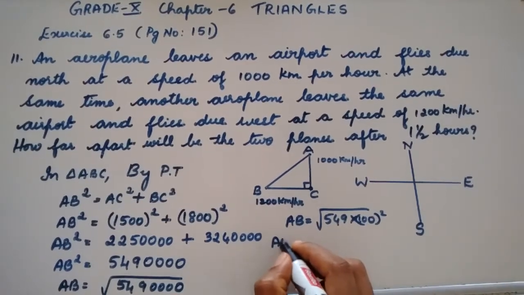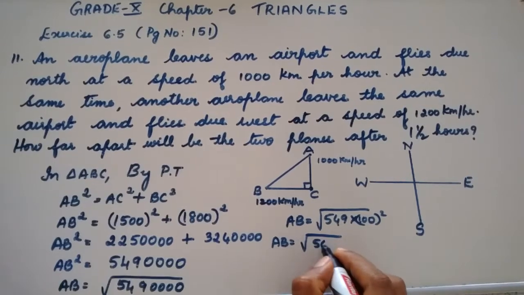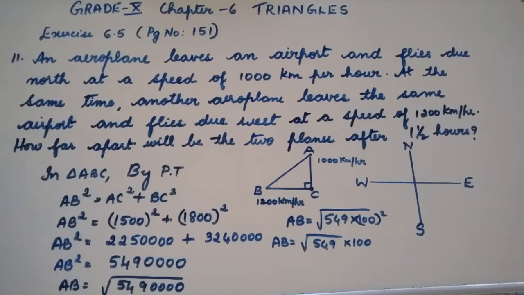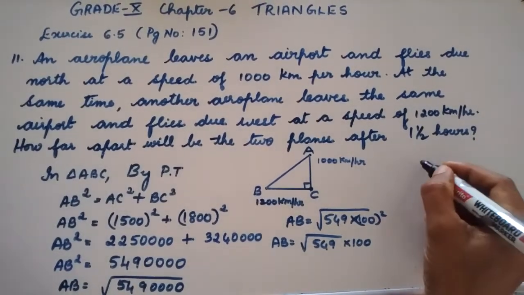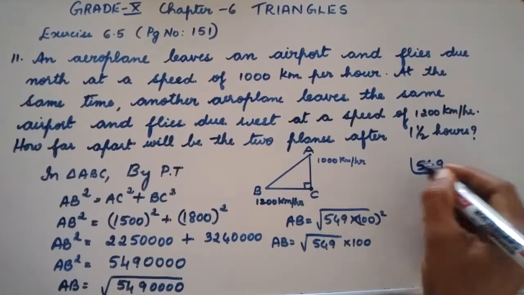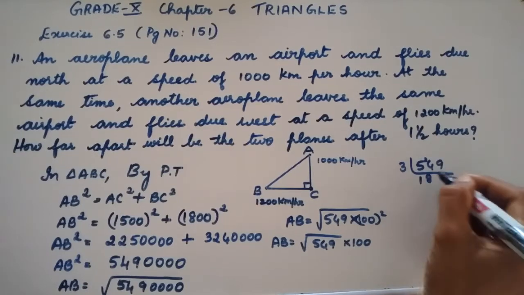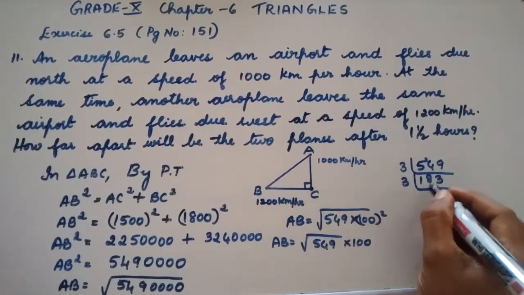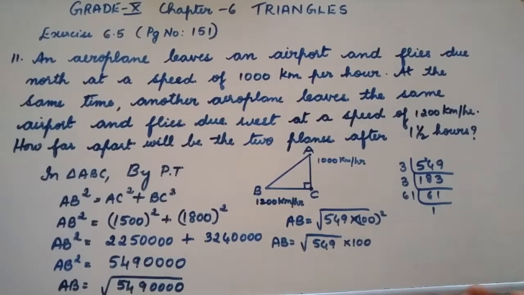So we get AB is equal to root 549 into 100. Root 549. So 549, 3 ones are 3, 4, 5, 2 will remain. 8s are 24, 3 3s are 9. Next we get 3 6 are 18, 3 ones are, next you get 61, ones are 61.